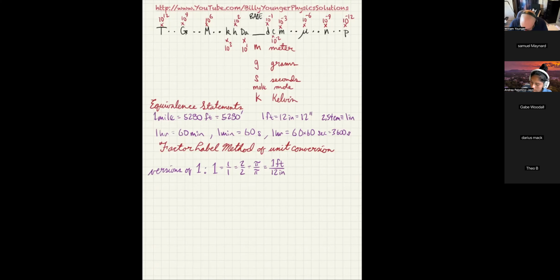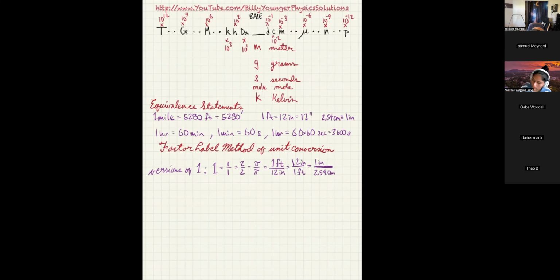Now, additionally, that's not the only way you could write that same one. You could also write 1 foot on the bottom and 12 inches on the top. And of course, you could also use the hash marks like I did above, and that would work as well. You could also say that 1 inch is equal to 2.54 centimeters, stuff like that.